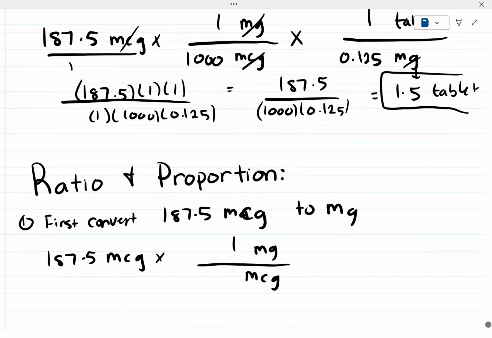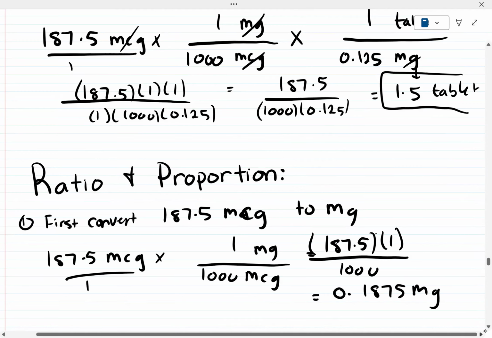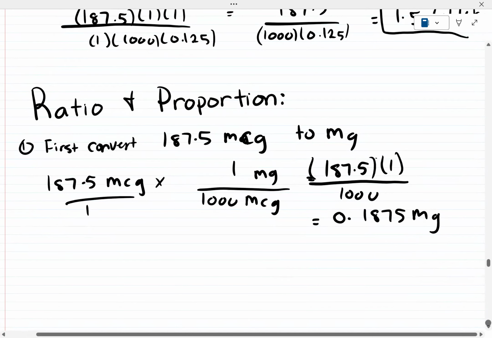For 1 mg, there's 1,000 mcg. So that's going to be 187.5, and then this is like an invisible one. So 1 times 1,000 is 1,000. And you get 0.1875 mg. Do not round yet. Just leave it as it is.